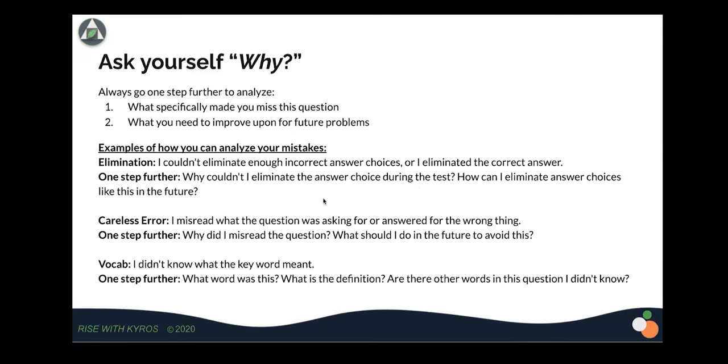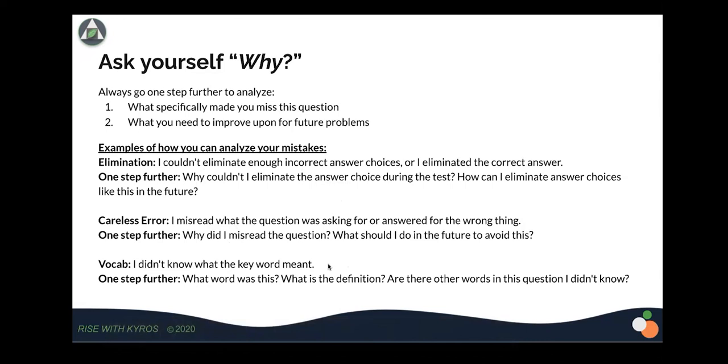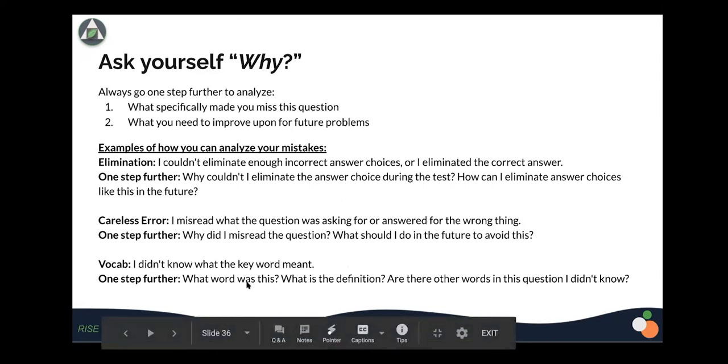And how can you improve on that in the future? Or if it's a careless error, you misread the question. Why did you misread the question? And what should you do in the future to avoid this? Or for example, vocab: you didn't know what the key word meant. So one step further is, what word was this? And you can search up the definition or synonyms.